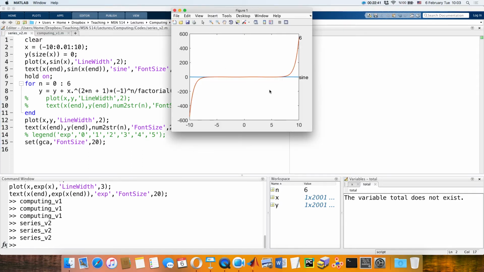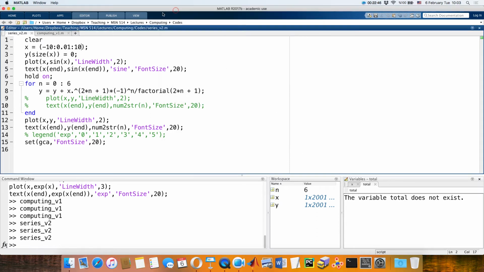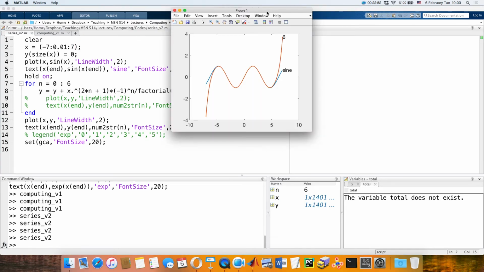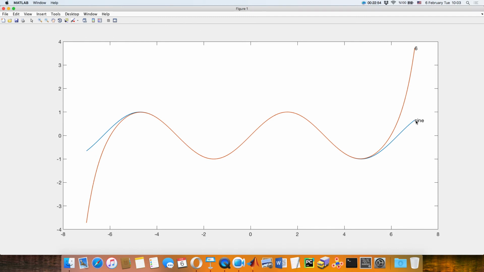You can see that it explodes if I add more terms. So let's go back and make it 7. So this is the sine function, and this is the approximation that you get with 6 elements. Okay? Still with me?